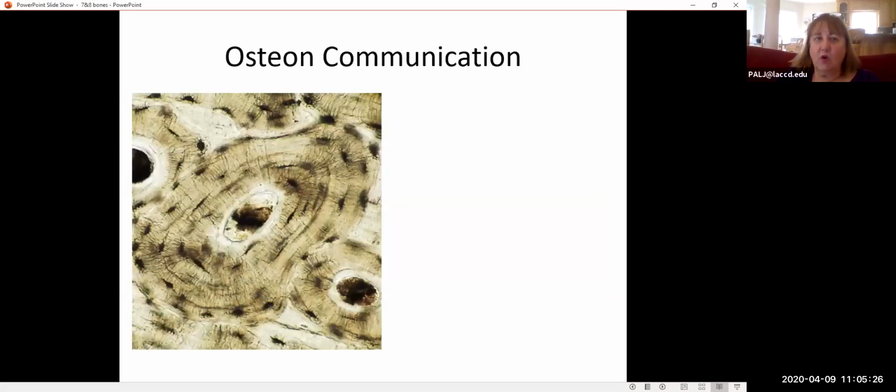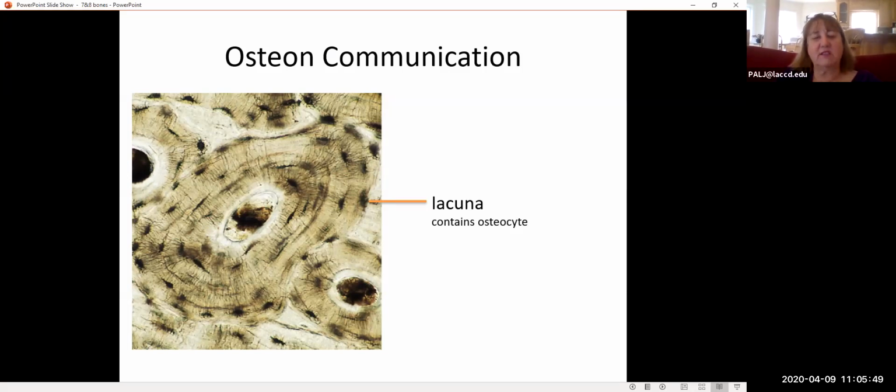Okay, so let's go back and look at this picture again. The dark areas in this one then are indicating where we have a lacuna that contains an osteocyte. On this power magnification, you cannot tell the difference between the lacuna and the osteocyte within it.